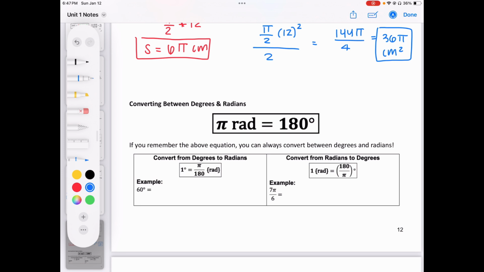So in this case, 60 degrees would become 60 times pi over 180, and then we would have pi over 3 radians. And if we had radians, we would want to multiply by that reciprocal. We want pi on the bottom and 180 on the top, and we would get 210 degrees.